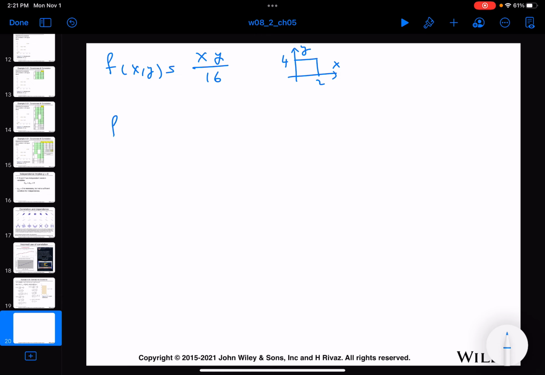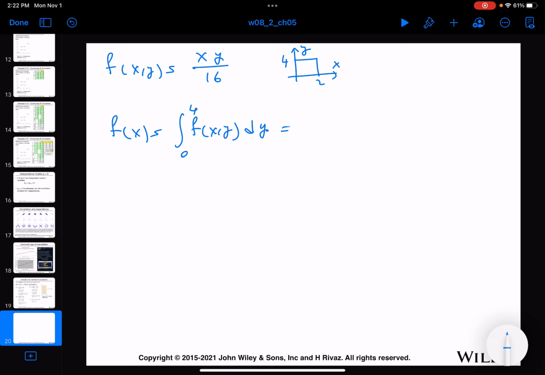right? So f of x is going to be the integral of f of x and y dy, right? So if I look at the curve, y changes from 0 to 4.